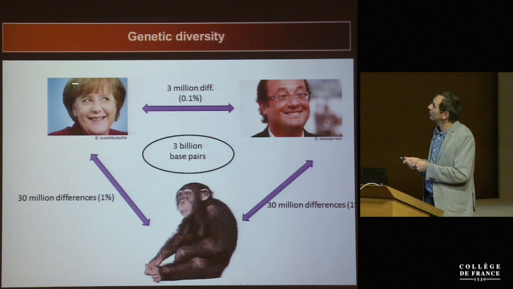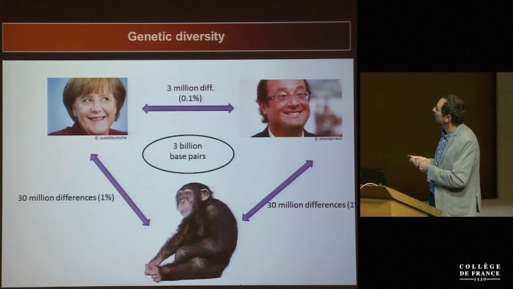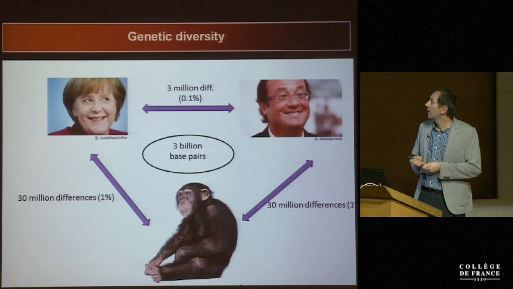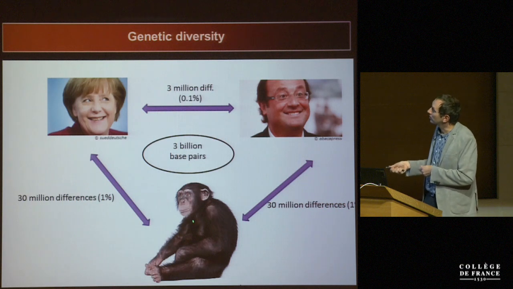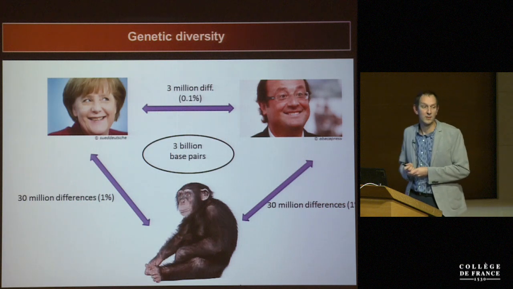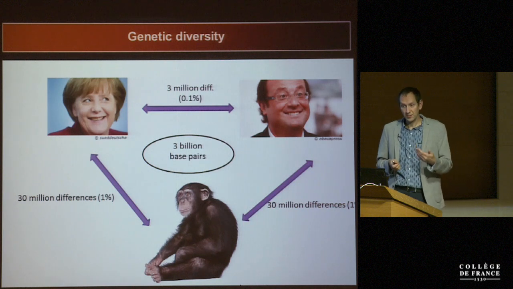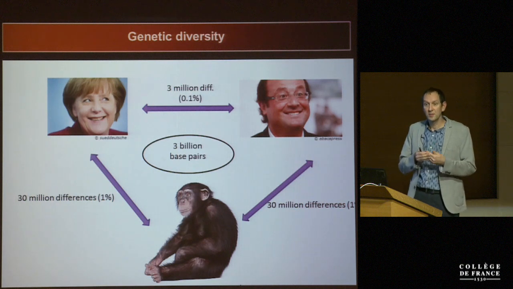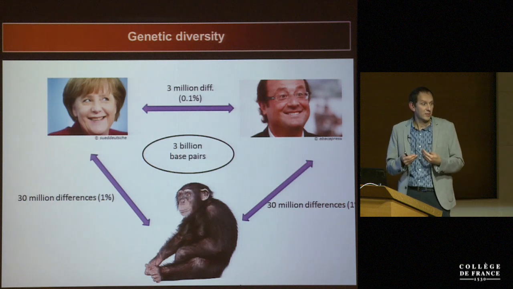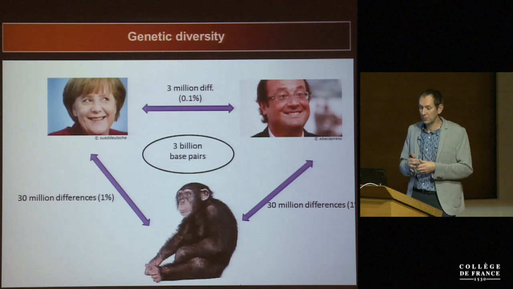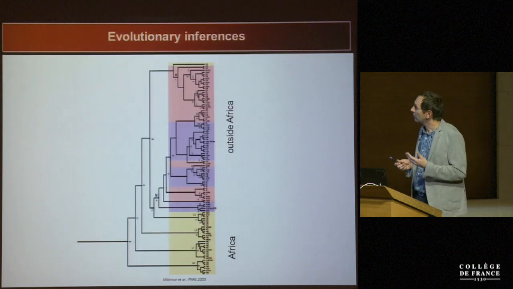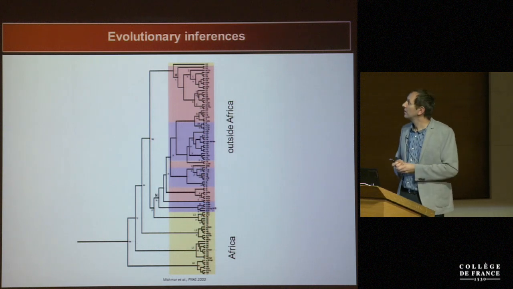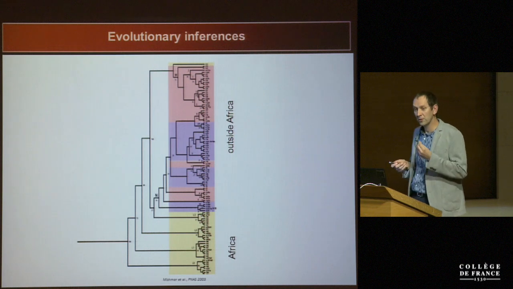If you compare two human beings, which I think we can agree are both humans, you would find about 3 million differences. If you compare any one human to a chimpanzee, you would find about 30 million differences. As most of these differences are neutral and do not affect the phenotype, they give us independent characters that we can use to reconstruct relatedness between people. If we do this just based on modern DNA, which was already done in early studies in the 80s, you see a very peculiar picture.